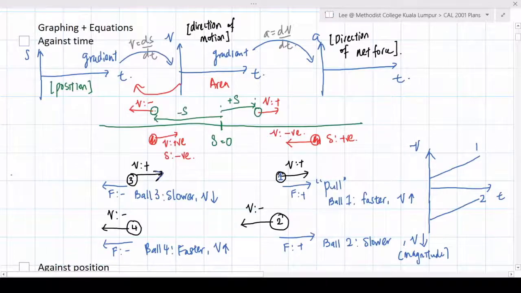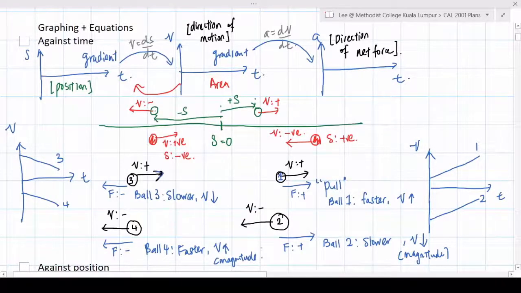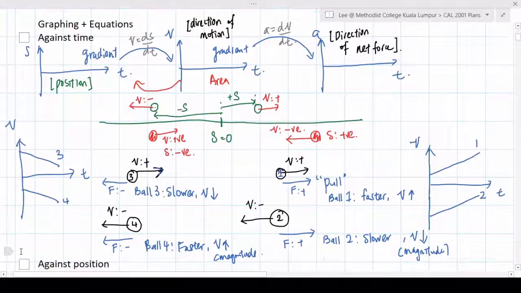Okay? You need to talk about the actual direction. So when I say V decrease, I mean the magnitude of V decreases. So number 2 is still a decreasing V because it's moving closer to 0. Just like number 3 was positive and is getting smaller and smaller to 0, whereas number 4 is negative and becoming a larger negative.